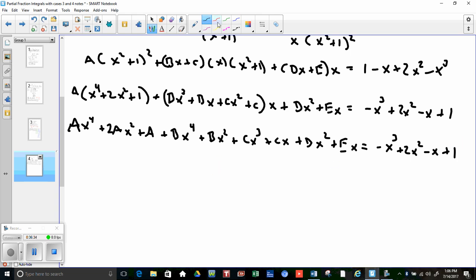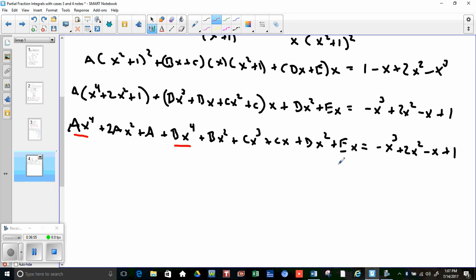All right, let's reassociate some stuff here. I've got an x to the fourth and an x to the fourth. So if I reassociate those two things, I'm going to get (A plus B) times x to the fourth, which has to equal the coefficient of x to the fourth over here. But I don't have an x to the fourth on the right side, so that coefficient would have to be 0.